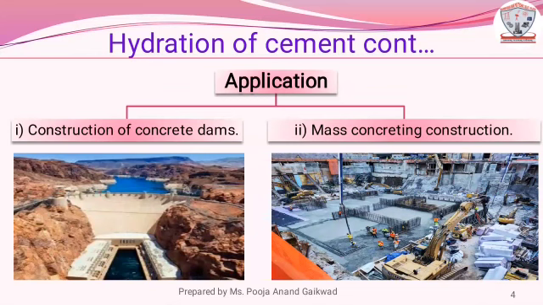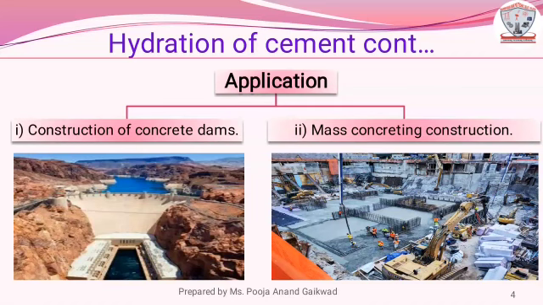Now we will see applications of hydration of cement. As you can see, the image shows a dam. The construction of a dam is a huge construction work, so it requires a large amount of concrete.